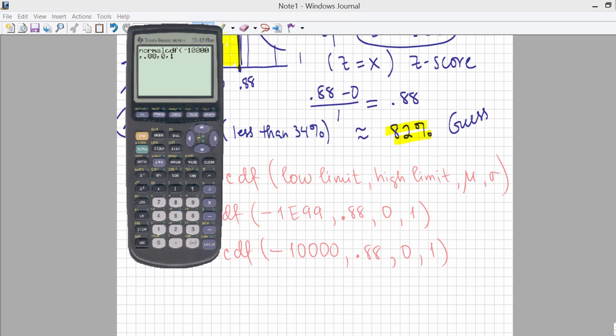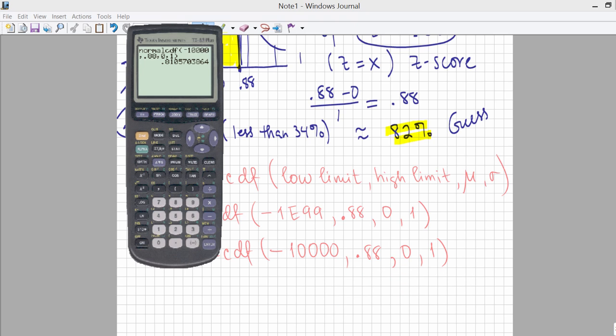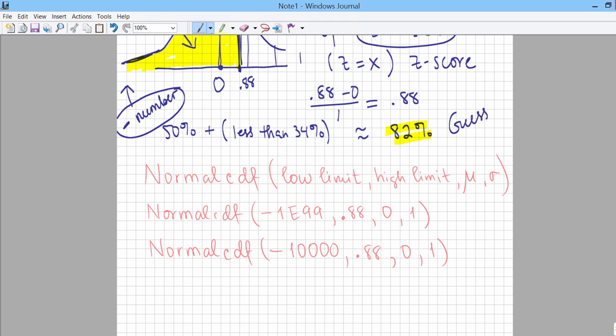Remember we had an educated guess that it should be around 80-something percent. There you go, it's roughly 81%. So what is your answer for this part?